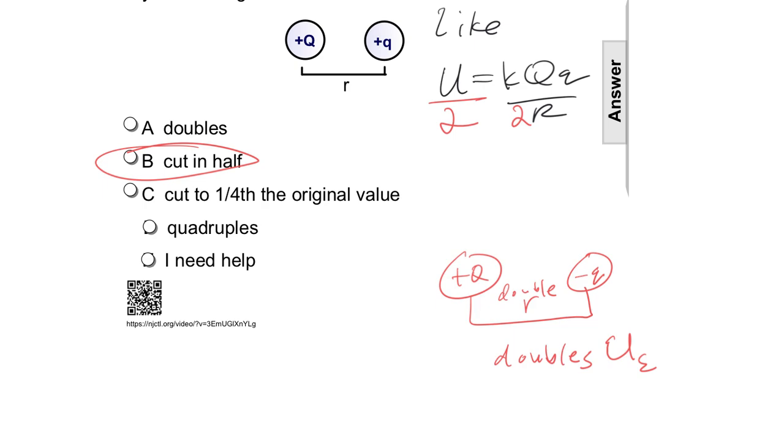Because now they're twice as far from each other, just like if I doubled the height of a rock off the ground, it would double the GPE that it had. So you can't really use the what if equation that you did up here when they're unlike charges. You gotta use concepts. And I can explain it in a complicated way, but it's better to use concepts than to do the equation and figure out why it's the opposite.